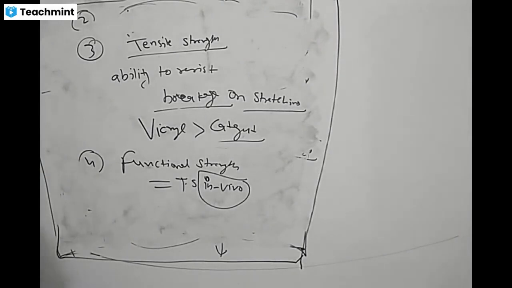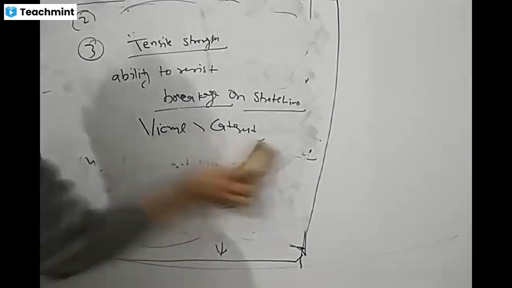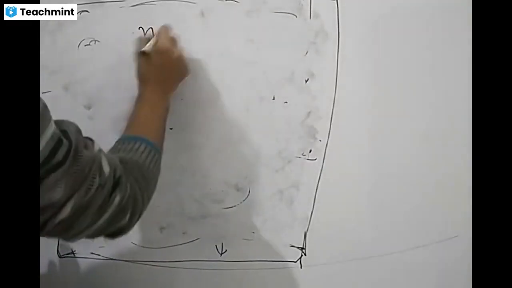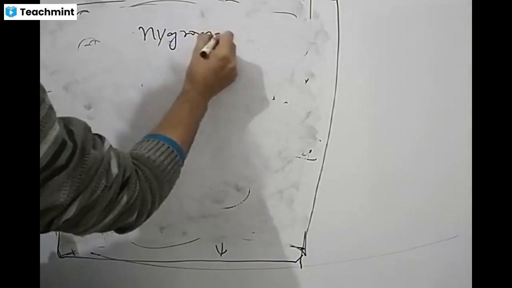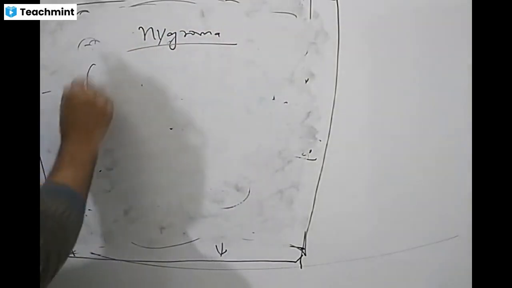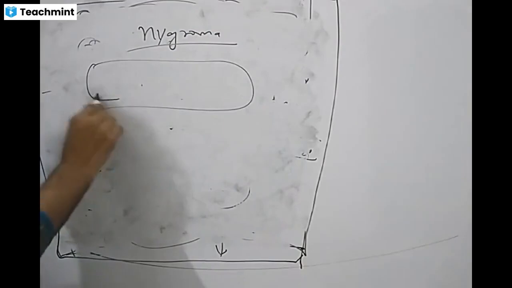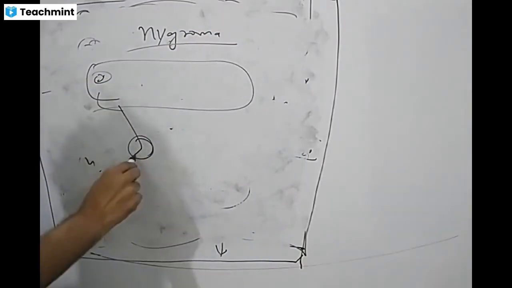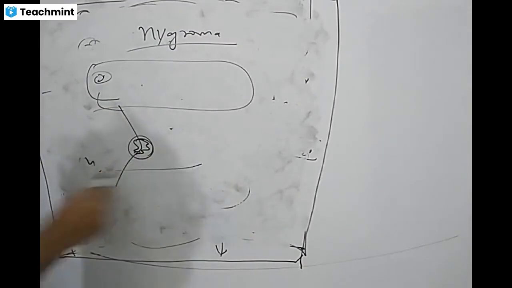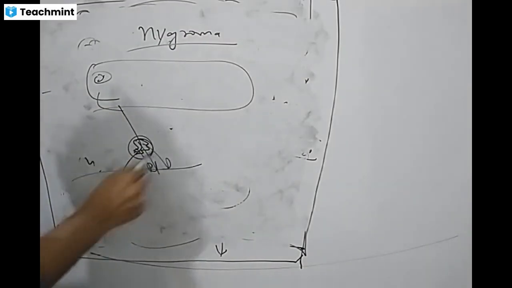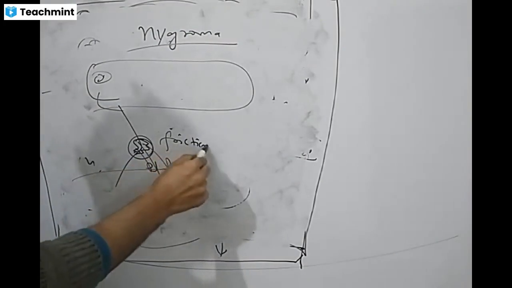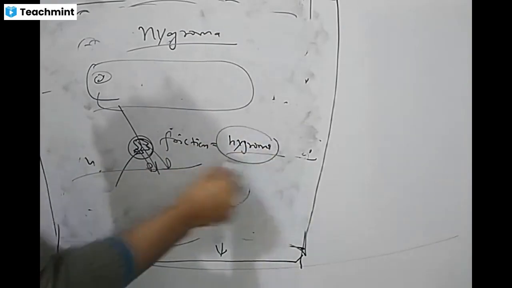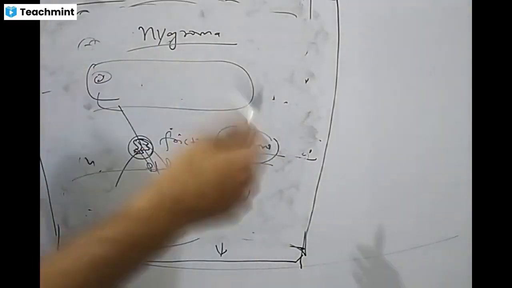Or suppose you are doing hygroma cases, there is one best example. In canines, there are hygromas. Suppose this is the body of your canine, and this is the point which keeps coming in contact with the ground. Because of continuous friction, they develop hygroma, which is nothing but a non-inflammatory swelling.